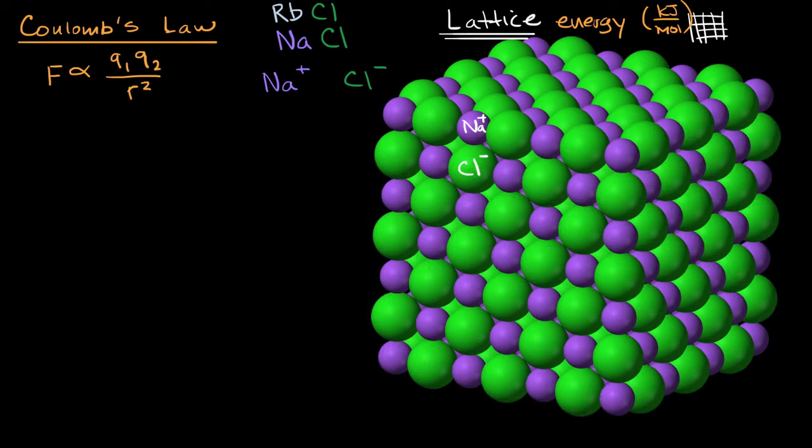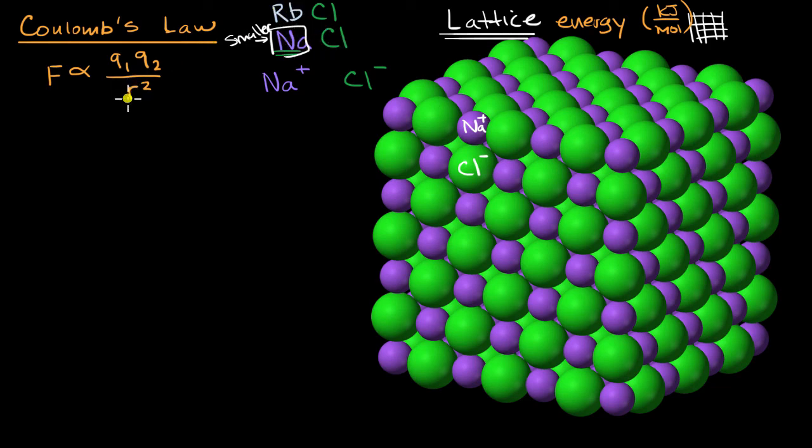And what does that tell us? Well, if this one right over here, let me circle it like this, if this is smaller, and we have similar charges on top, you have a +1 and a -1 on top. That's the charges between the two ions. But now you have a smaller radius between the nuclei because sodium is smaller than rubidium.